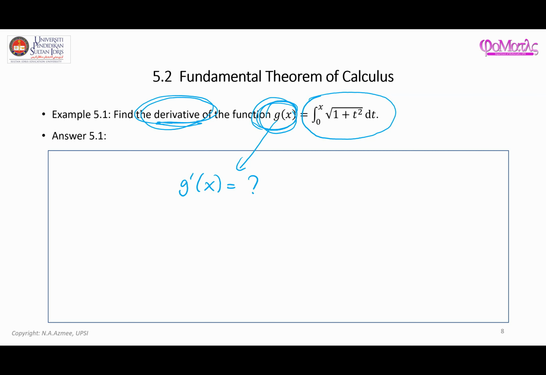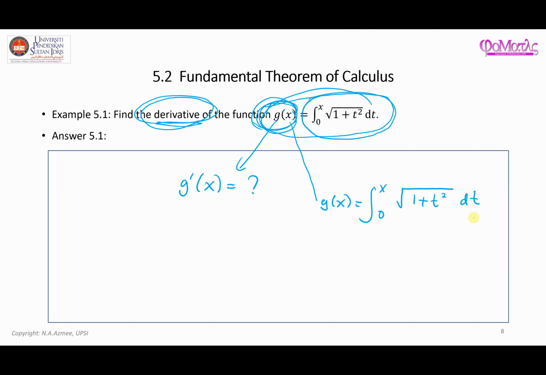So what is g prime x? Now, when you look at this g(x) here, g(x) is equal to the integral from 0 to x of the square root of 1 plus t squared dt.